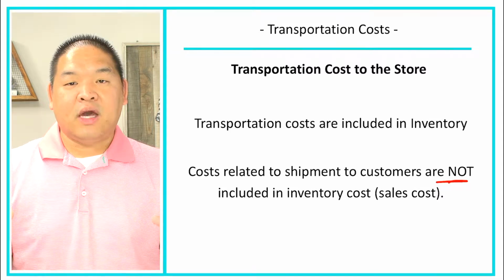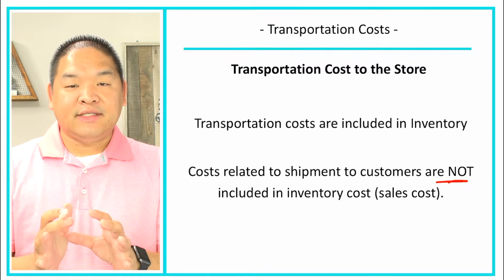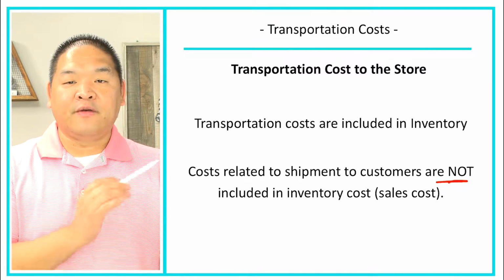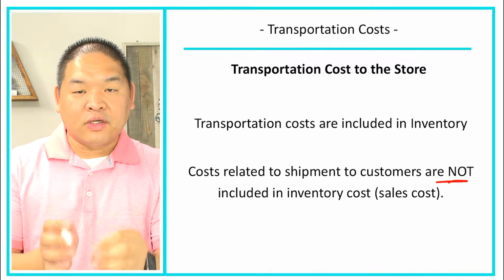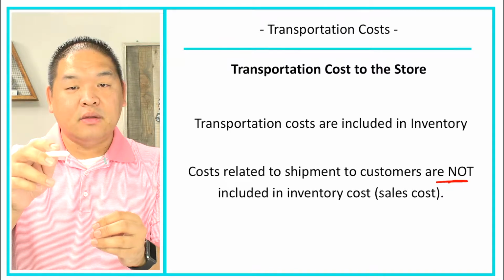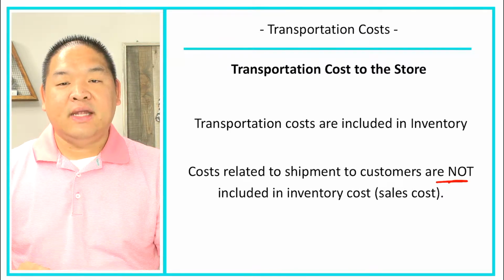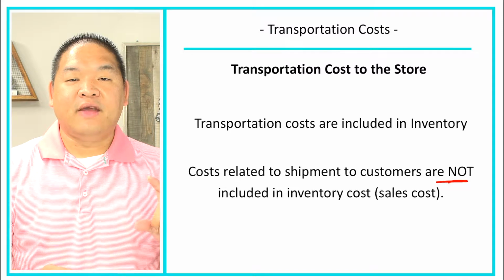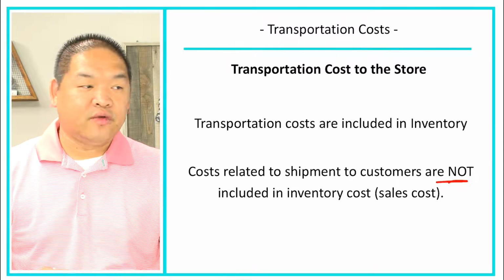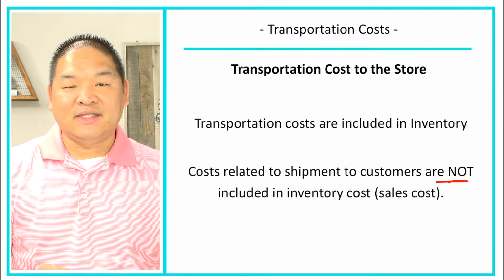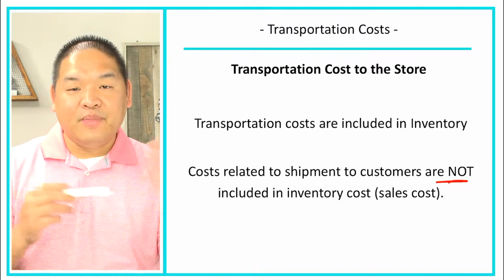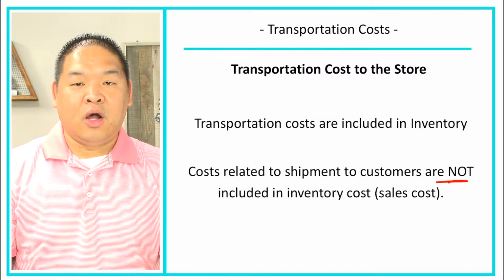So let's break this down a little bit. Cost to get your inventory from your vendor site to your site and you paid it gets included in inventory. Now, if the seller paid for it, so your vendor paid for it, it's already baked into the cost. So whatever bill they give you, it's already on there, okay?